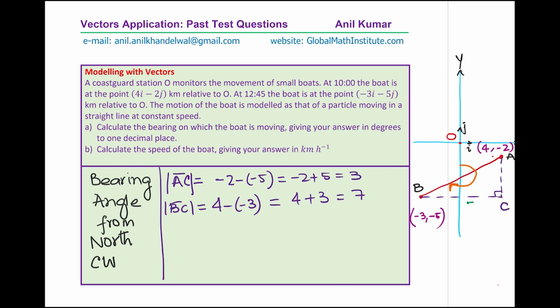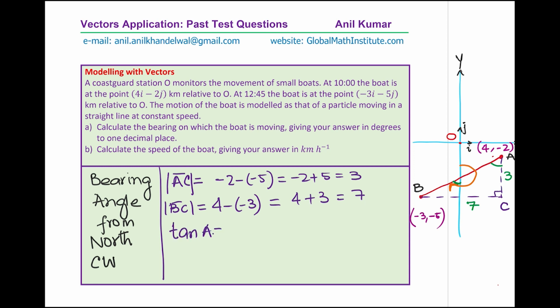Let me write this down as 7 units and AC as 3 units. You can see very clearly that the angle right there at A is this small angle, which is 180 plus that angle will give us a bearing angle, correct? So let us find what tan of A is.